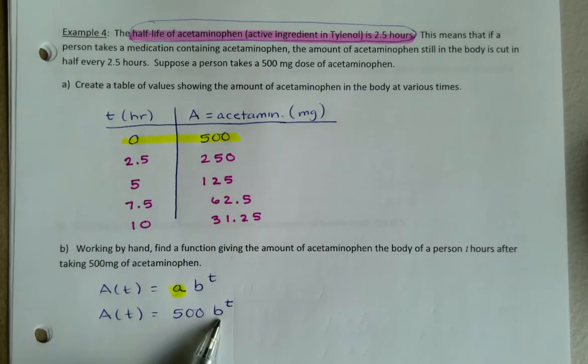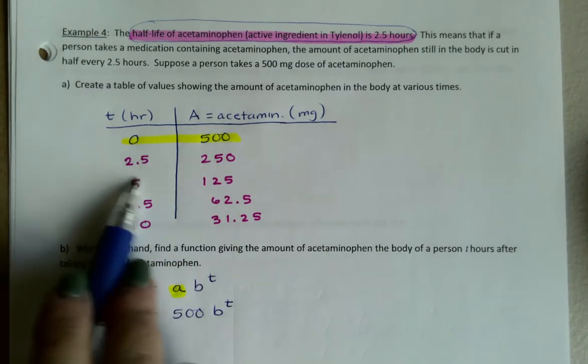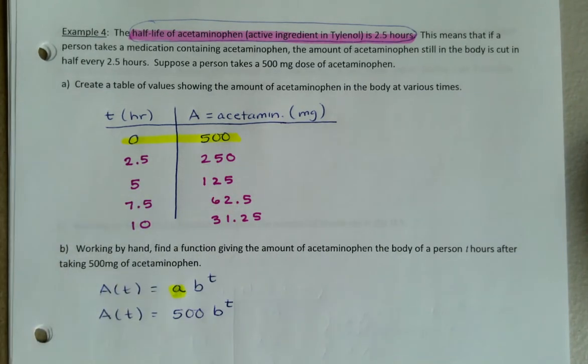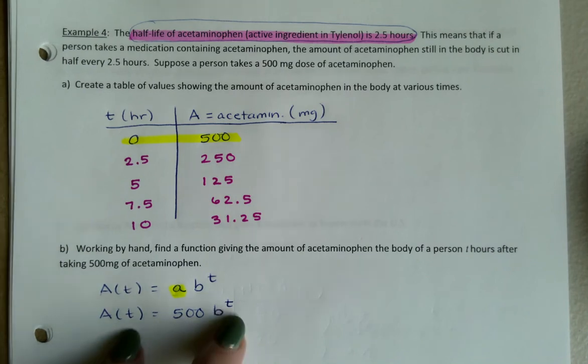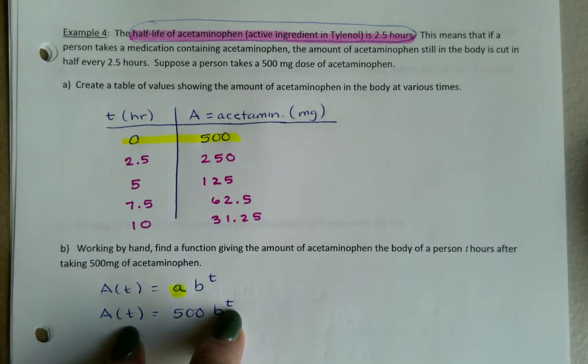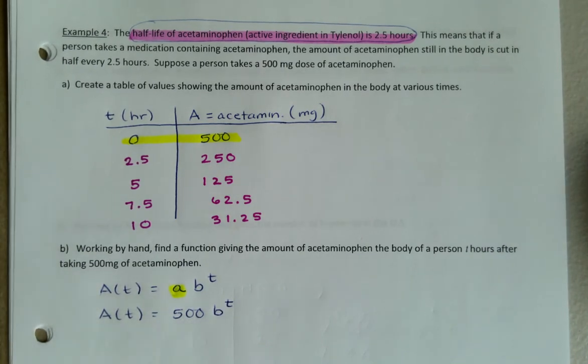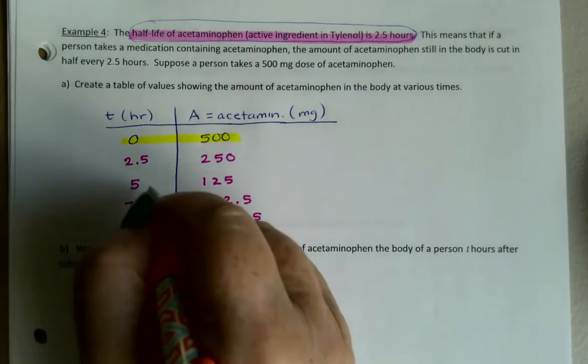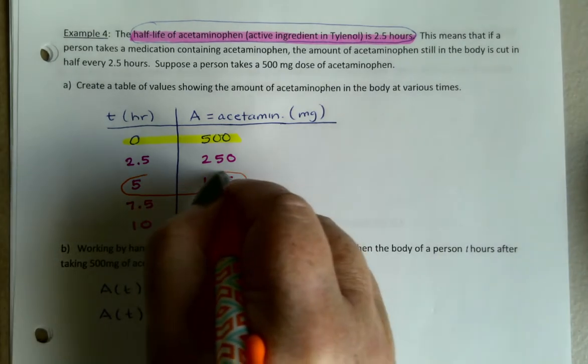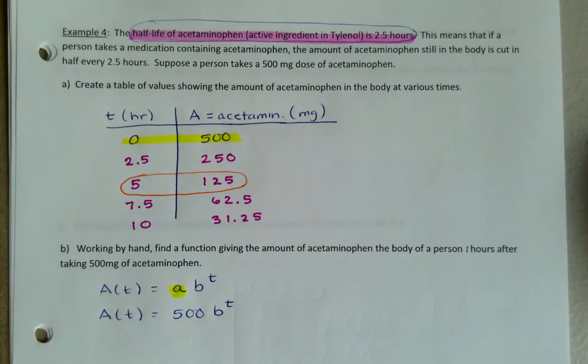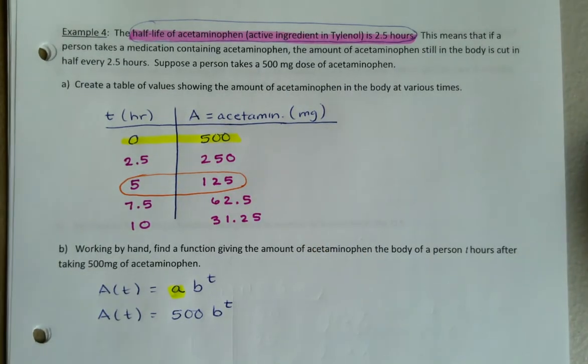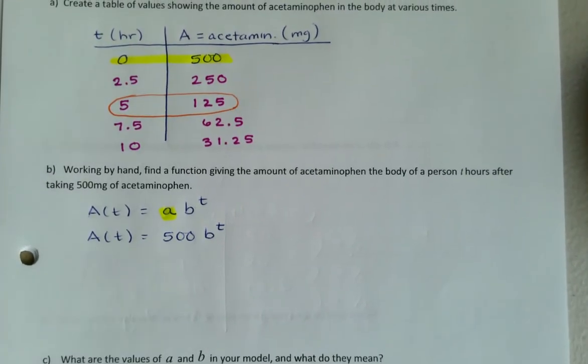To solve for the b itself, I'm going to have to use any one of the remaining points here and plug in for the A of t and the t, and then use that to solve for the b. Now you can use any point you like. I'm going to use 125 just because there's no decimals in it. And I don't know, it just makes me happy to at least start that way.